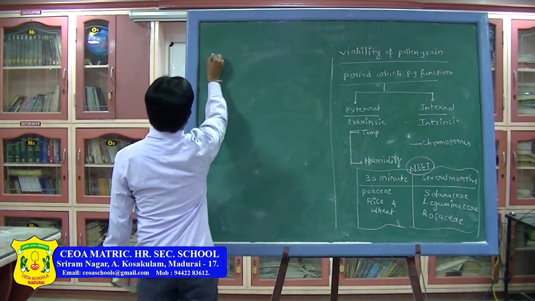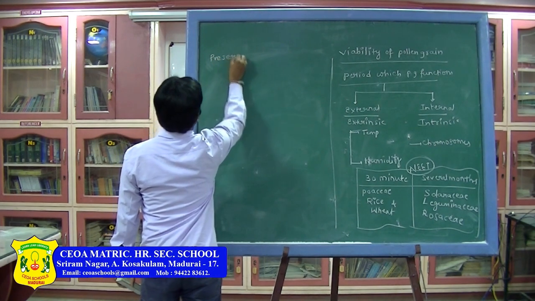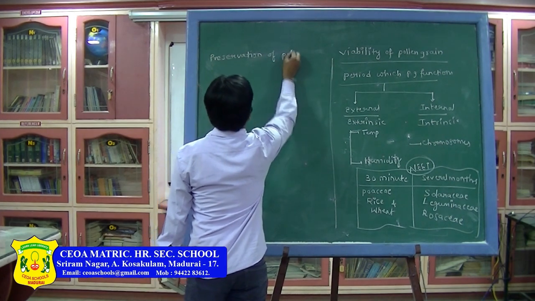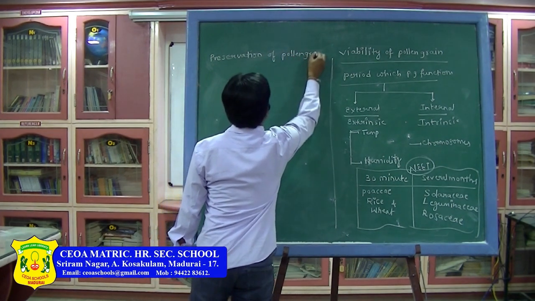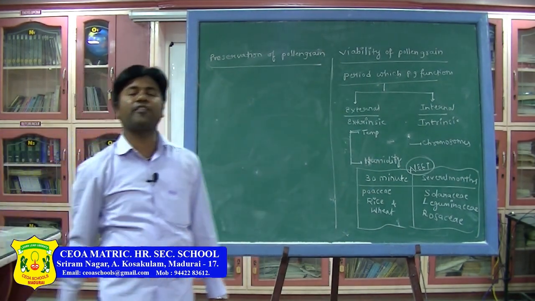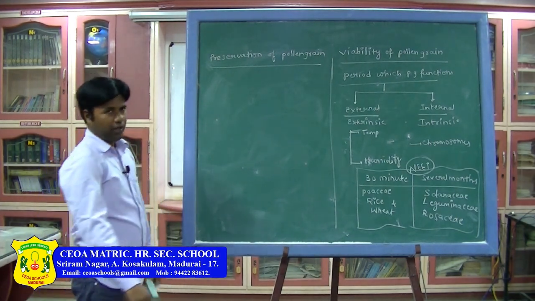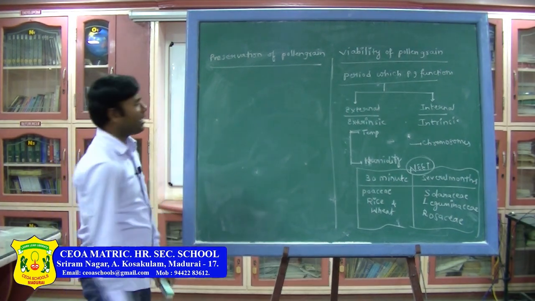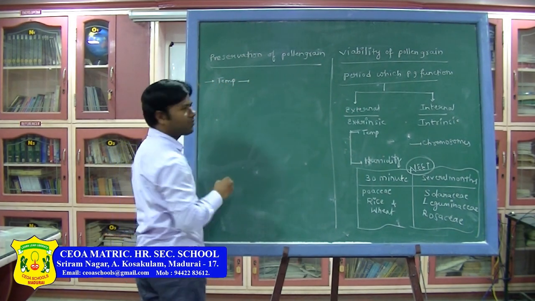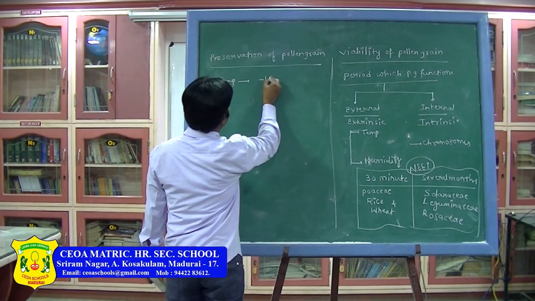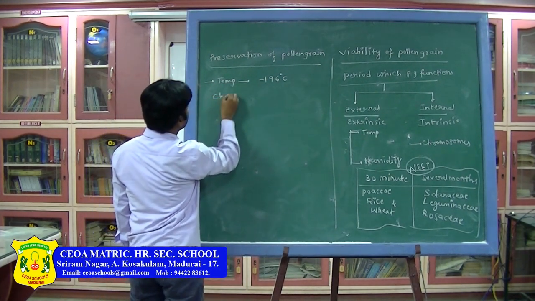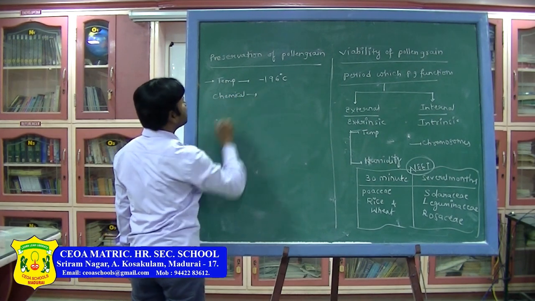Next, preservation of the pollen grain. The places where we preserve them are called pollen banks, or pollen preservation. Especially, how much temperature is needed for the preservation of pollen grains? That is minus 196 degrees Celsius. What is the chemical we use to preserve?